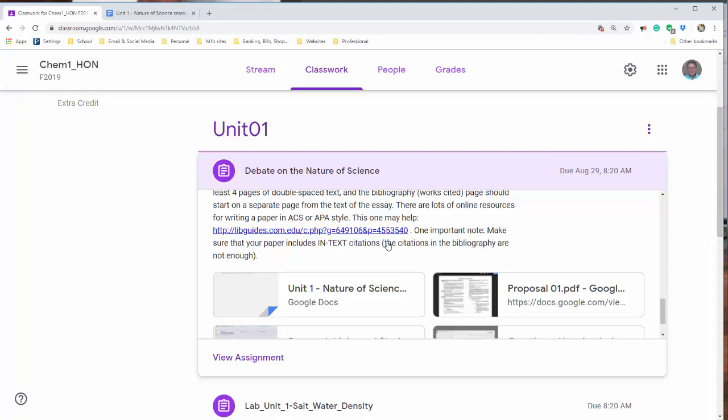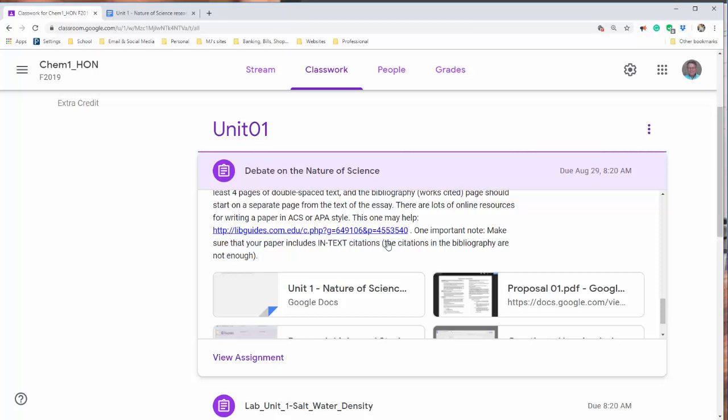So make sure that the organization that's giving you information, in this case on the nature of science, is a valid organization. You want to make sure that you're not using just pop sources, but people who should know what they're talking about. That makes sense? Okay.